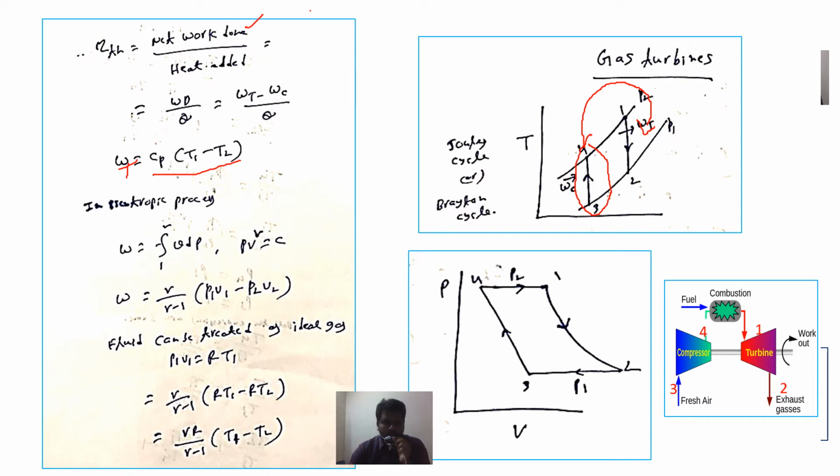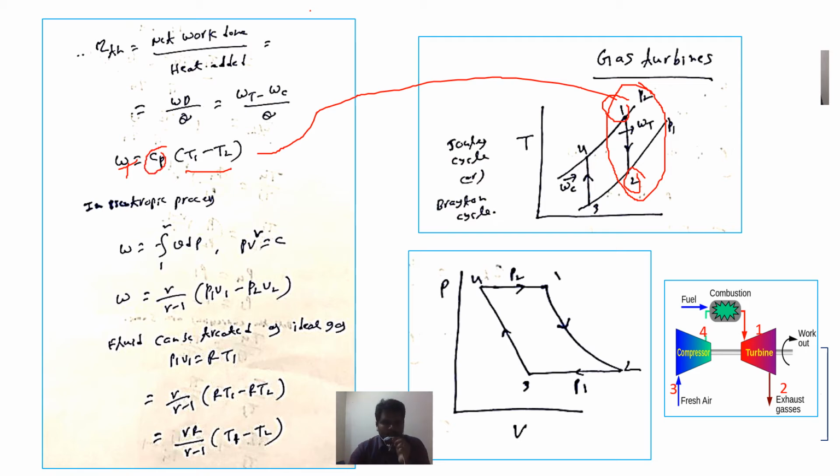From the TS diagram, the process 1 to 2 is the isentropic expansion in the turbine. So work done by the turbine is Cp into T1 minus T2, because here the temperatures are T1, T2. In an isentropic process, work done equals minus integral 1 to 2 VdP.